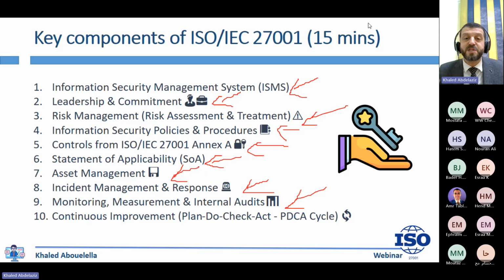The certification body themselves need to see evidence. How will they be sure that you implemented the information security, that it is actual implementation? It's not just some documents on the shelf. They need to see changes, incidents, and how you respond to these incidents, and so on. So you need to prepare yourself and ensure these key components are in place.